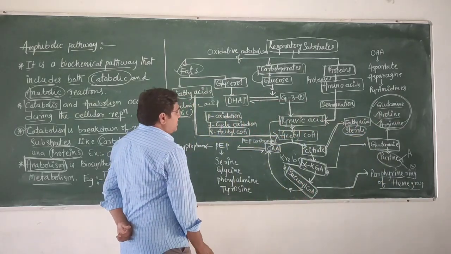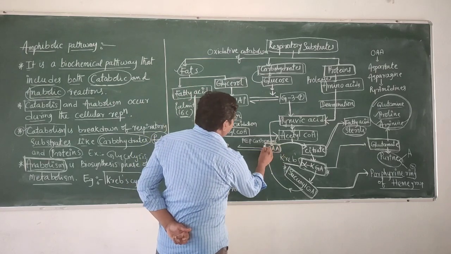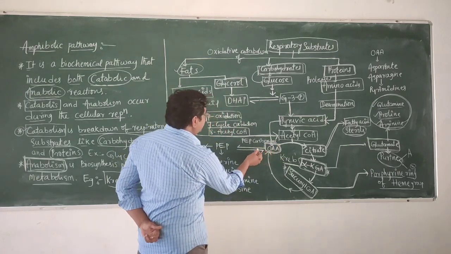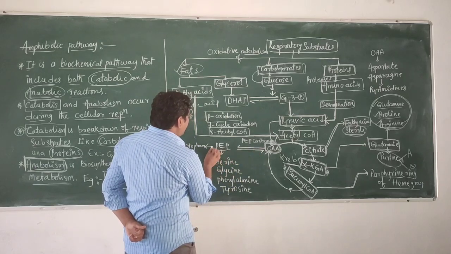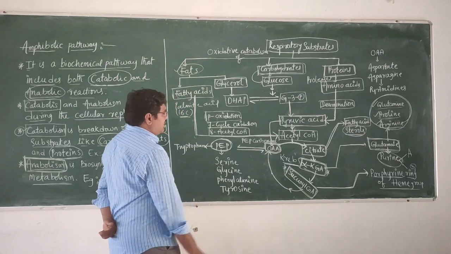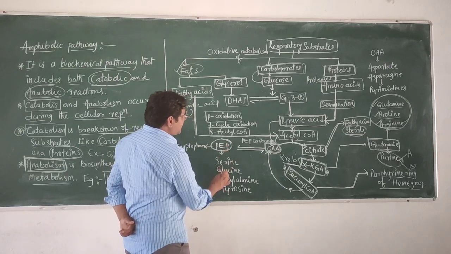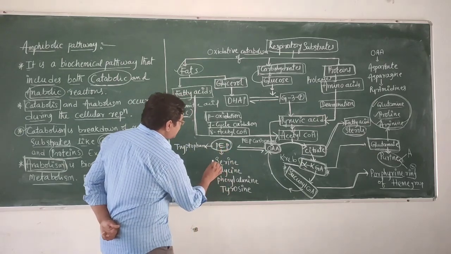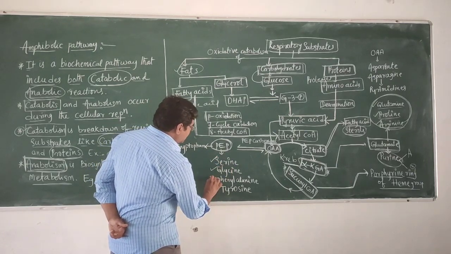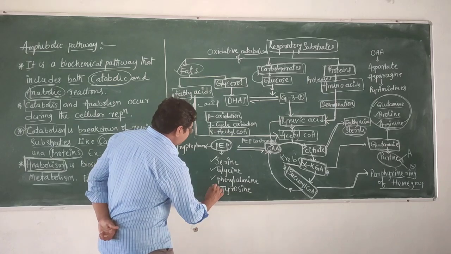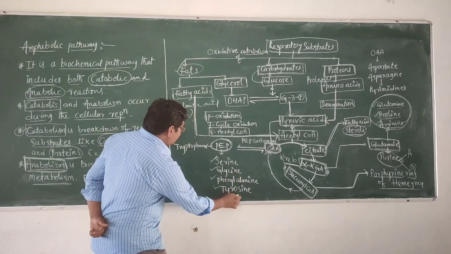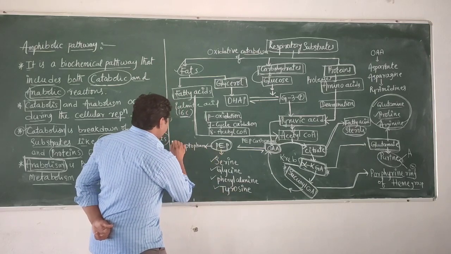So next intermediate product is the oxaloacetic acid. This oxaloacetic acid is converted into phosphoenol pyruvic acid. This phosphoenol pyruvic acid is the main precursor for the synthesis of serine, glycine, phenylalanine, tyrosine, and tryptophan.